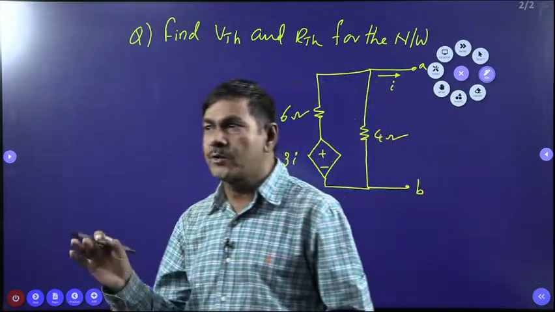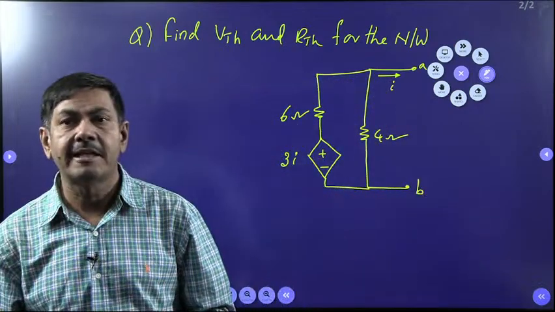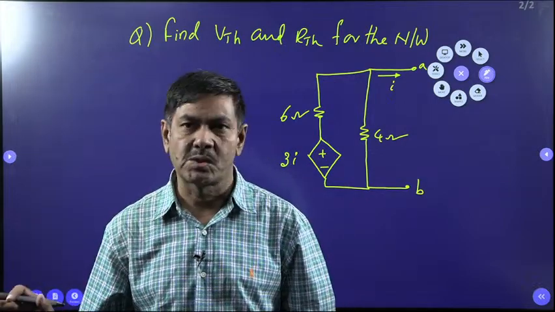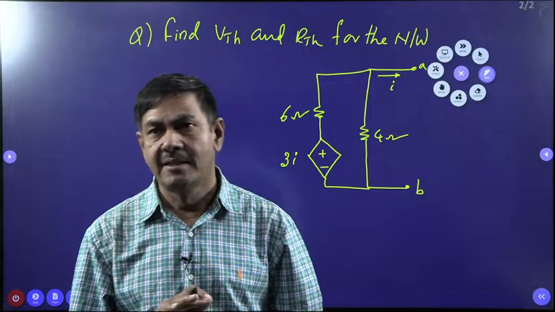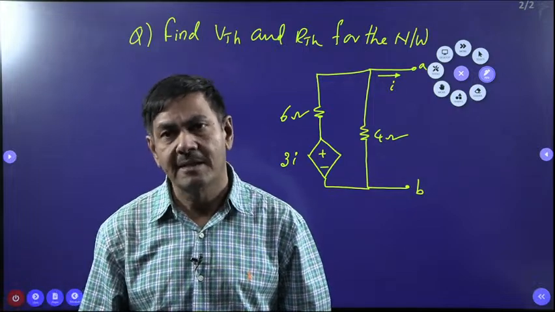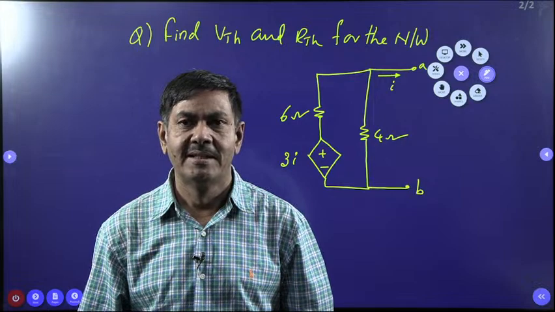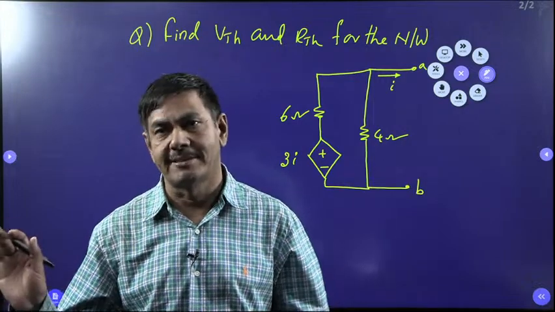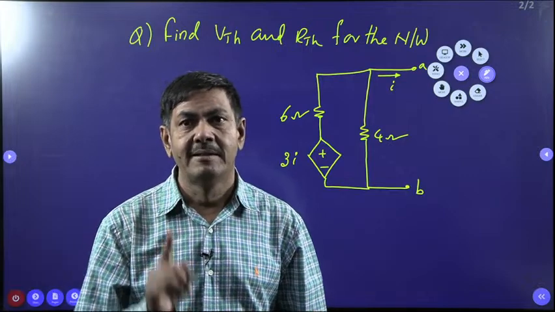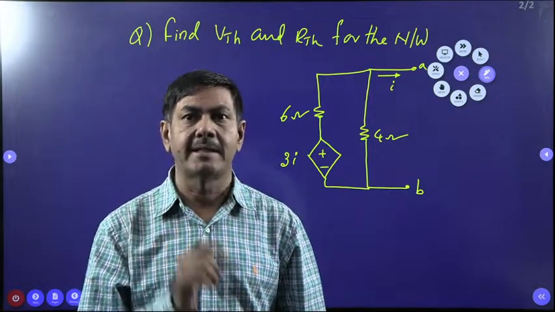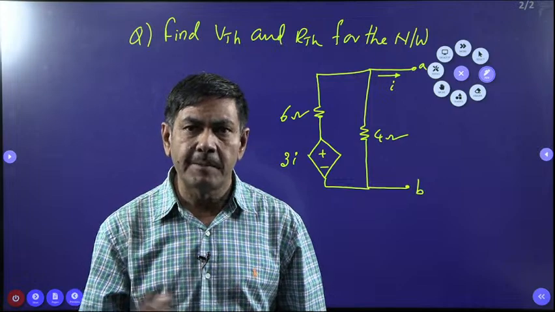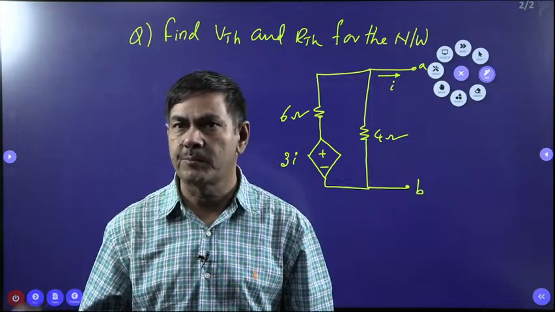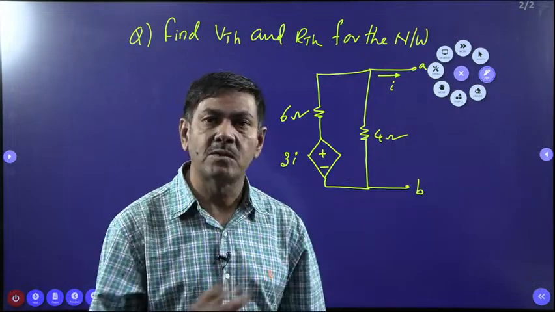If any circuit is given with a dependent source and no independent source, no independent voltage source or independent current source, then directly you can put Thevenin's voltage VTH equal to 0.